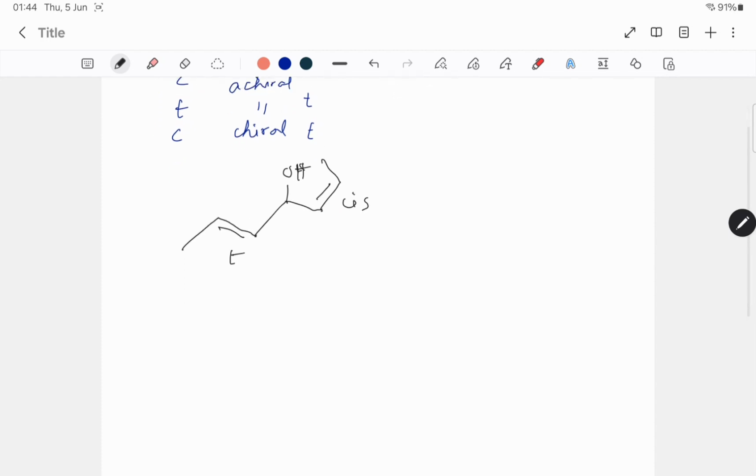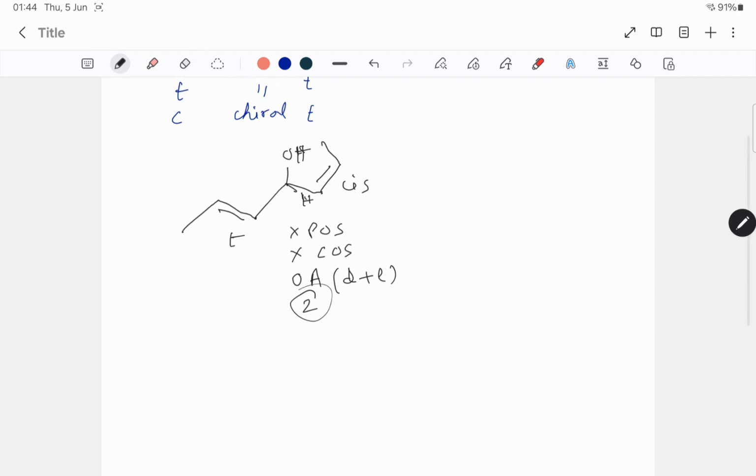So if we look at this carbon, this hydrogen here, now there is no plane of symmetry, neither is there a center of symmetry, so it's a dissymmetric molecule and it is optically active. So optically active means it can exist as D plus L, so there are two isomers possible.